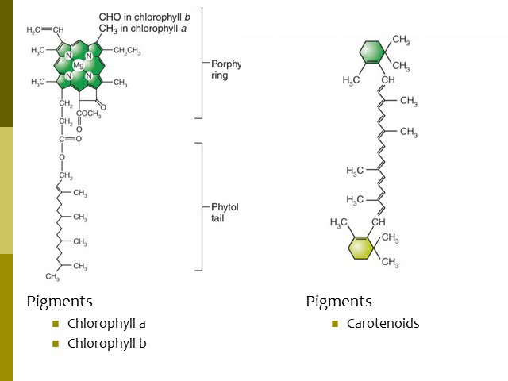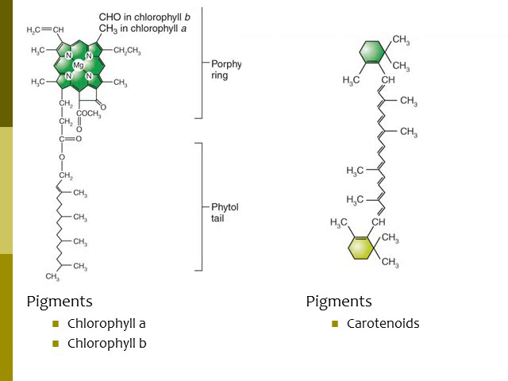So here's showing what those different pigments look like at the molecular level. You can see they're pretty big molecules. Over on the left-hand side, we have chlorophyll A and chlorophyll B. They have just one tiny little difference, but they basically have the same structure.